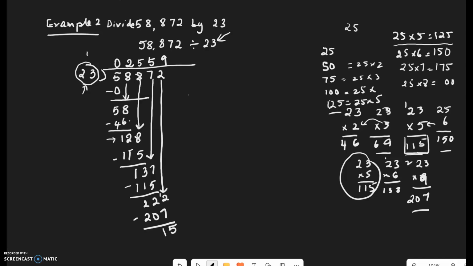So 58,872 divided by 23 is equal to 2,559 with a remainder of 15.